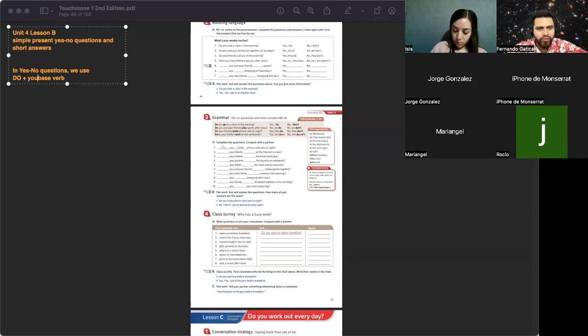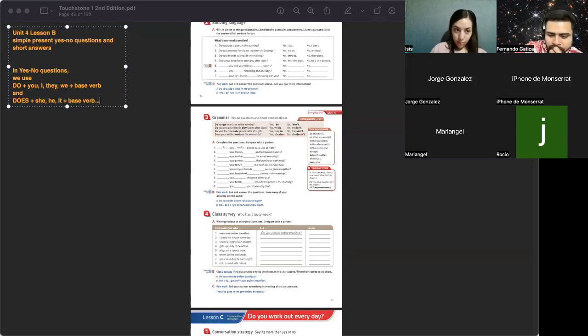Do plus you, I, they, we, plus base verb. And does plus she, he, it, plus base verb. Those are the two formulas.